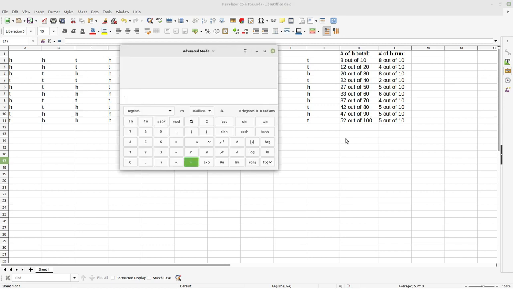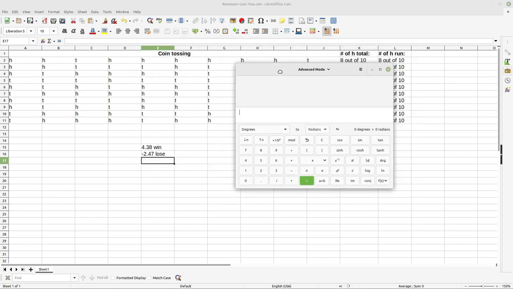Well, over the course of time you're going to win 50 trades, and on each of those you're going to win $4.38. And then you have to subtract out your losses. You're going to lose 50 trades, and you're going to lose $2.47 per share on your losses.